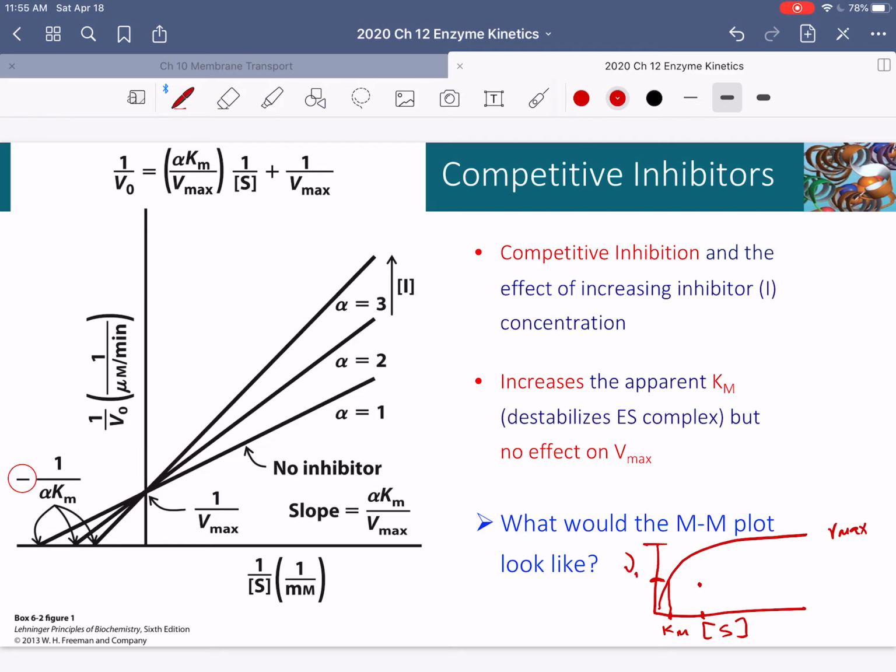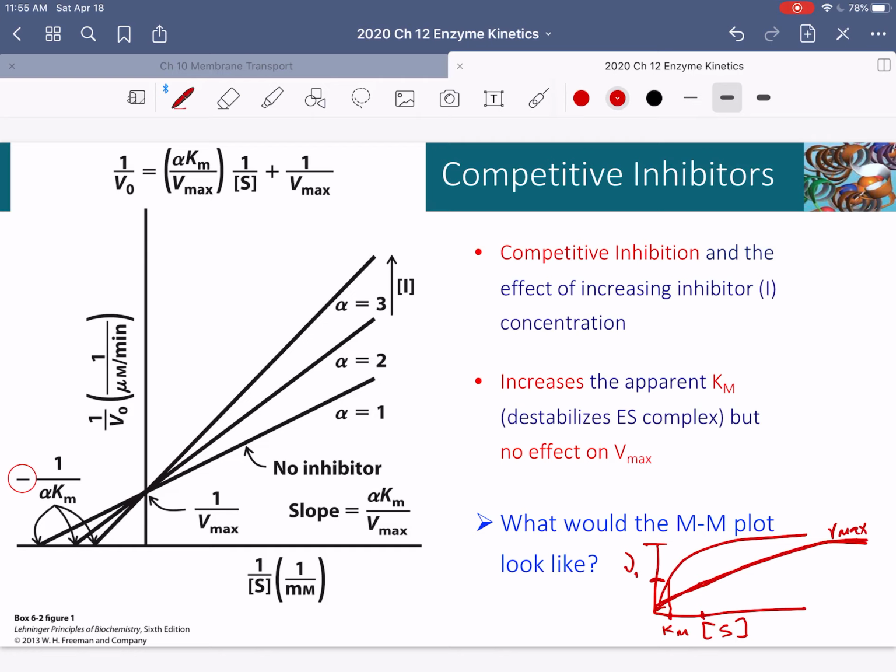This is Vmax up here. Then the plot is going to look like this, right? Where it's going to take more substrate to reach that Vmax. Okay, so you're still going to reach Vmax, but it's going to take a whole lot more substrate.